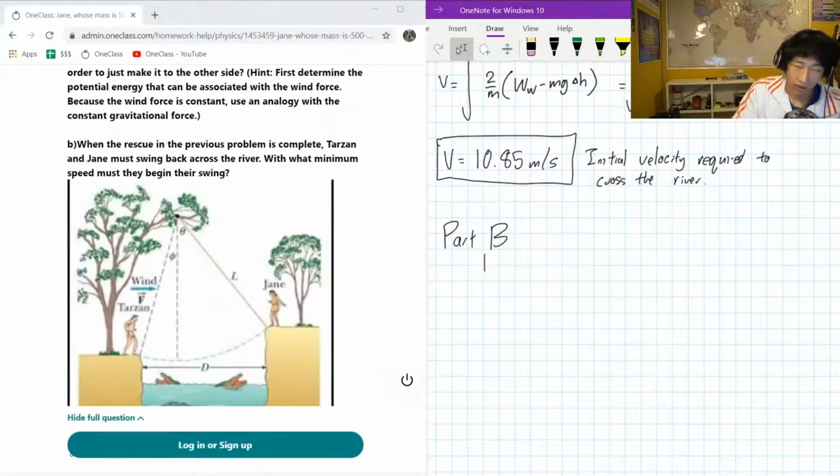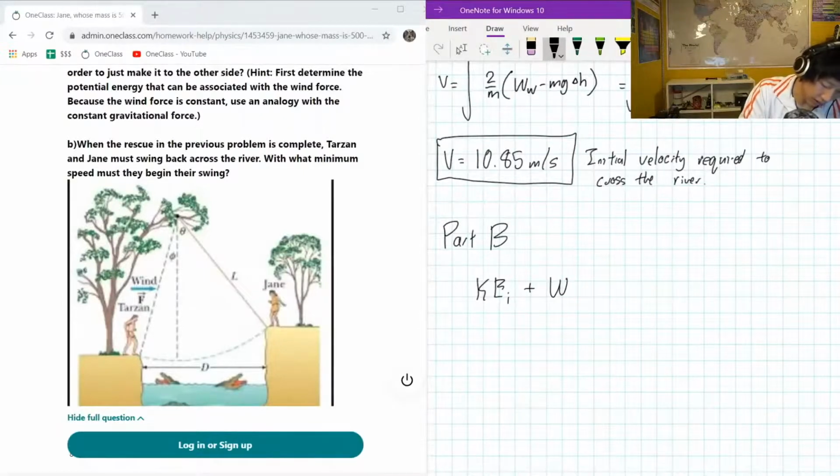Okay, and we also need to keep in mind we need to increase our potential energy because we are getting higher up. So all of our kinetic energy is going to be converted into gravitational potential energy. So really what we have here is our initial kinetic energy plus the work done by wind is going to be equal to our change in potential energy, which is mg delta h.